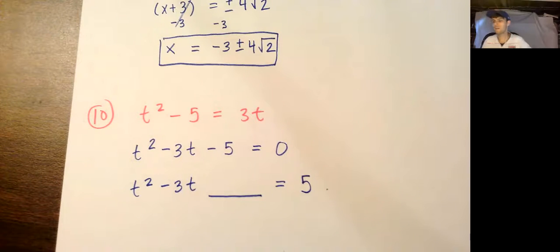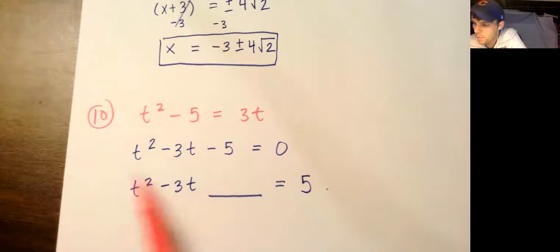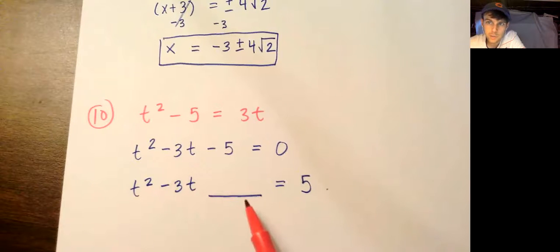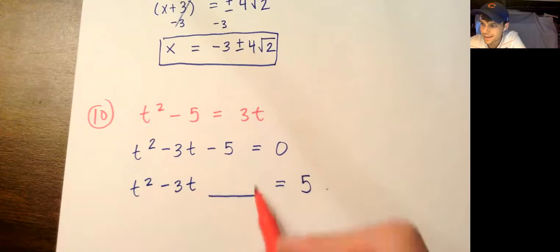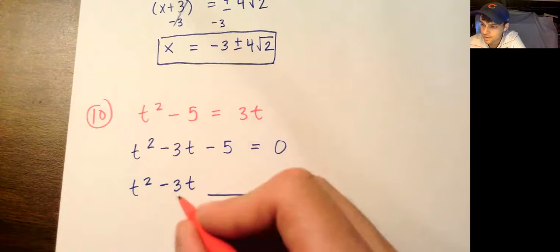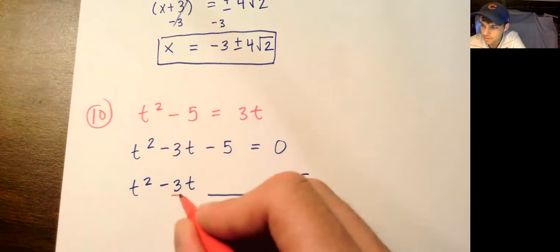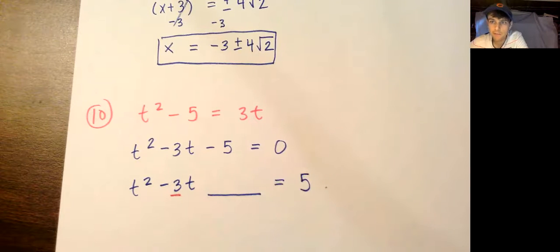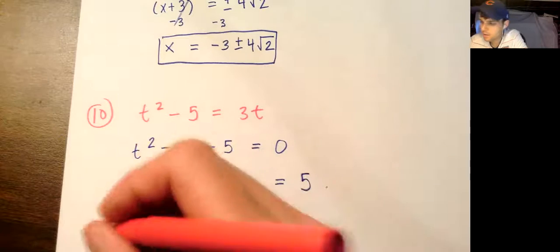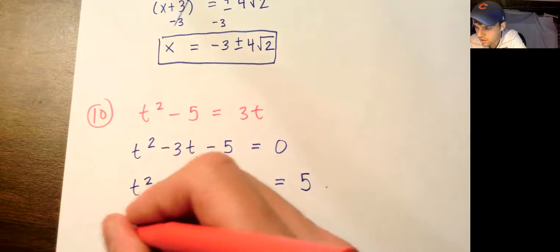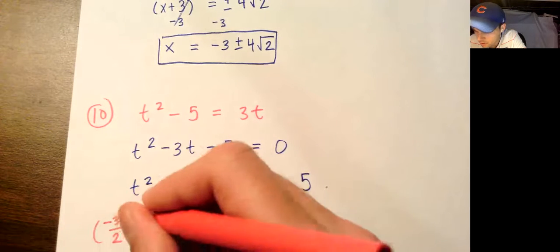positive. All right. Now, I want to turn this into a perfect square trinomial. So what I need to add here is half of the middle term, half of the b term squared. So it's going to be negative 3 over 2 squared.